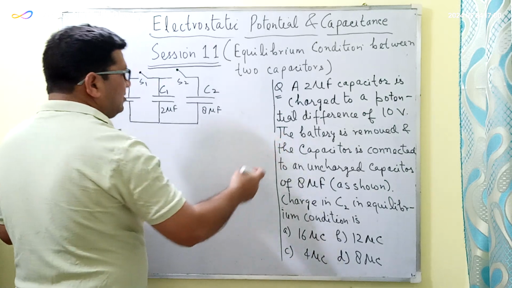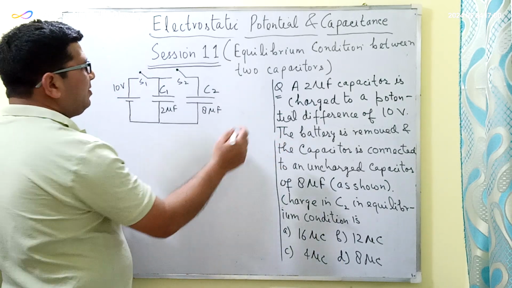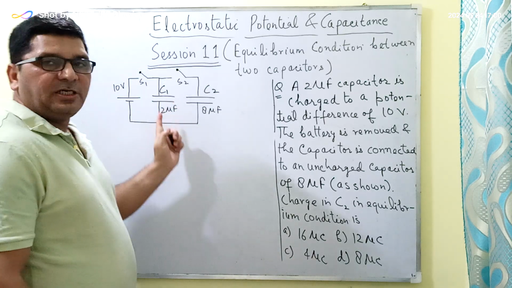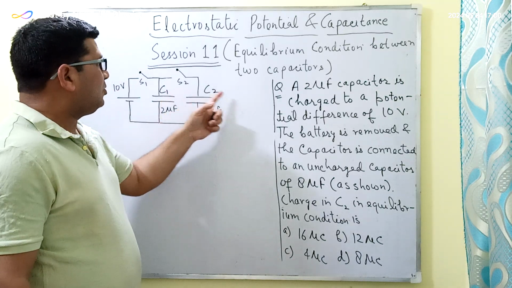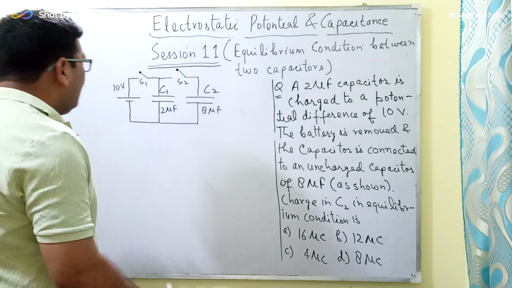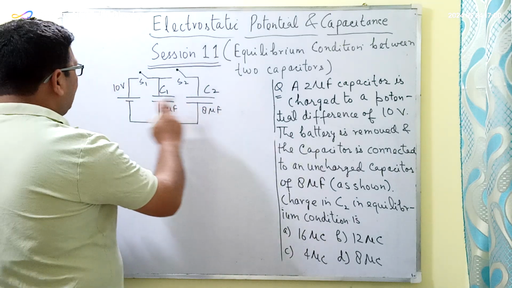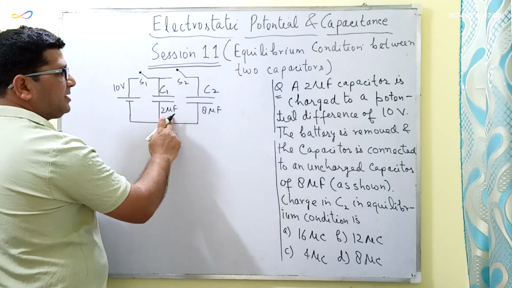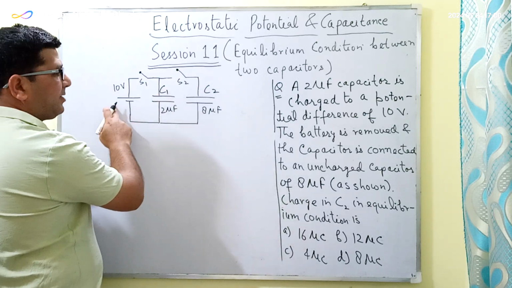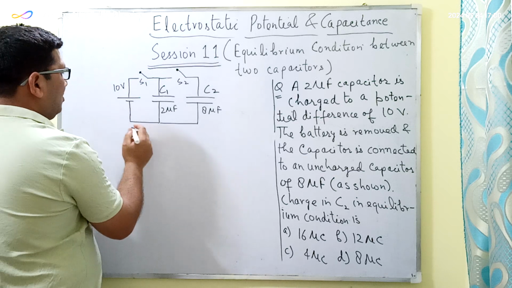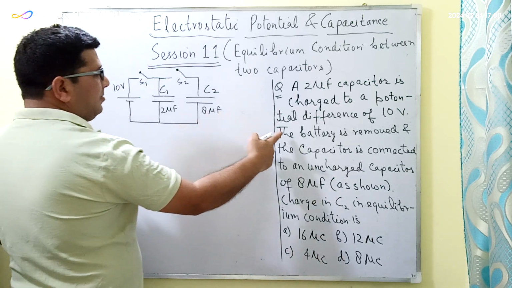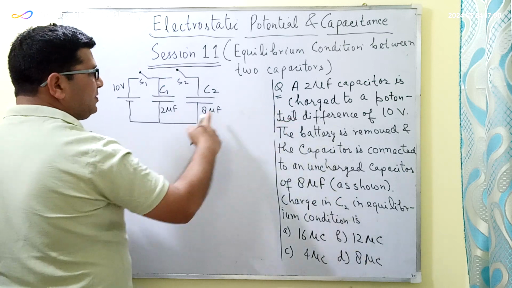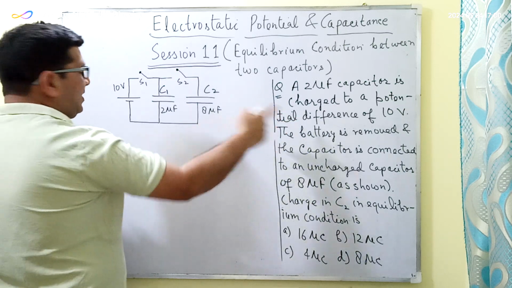Now the equilibrium condition between the two capacitors is when the potential difference across both the capacitors is the same. In the first case, this 2 microfarad capacitor, that is the C1 capacitor, is connected to a battery of 10 volts, and it is charged to a potential difference of 10 volts.